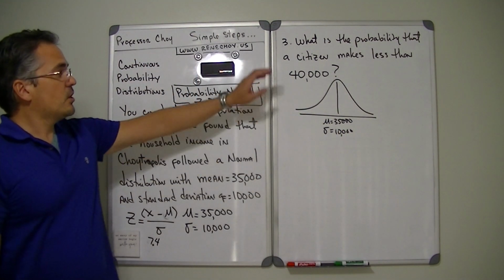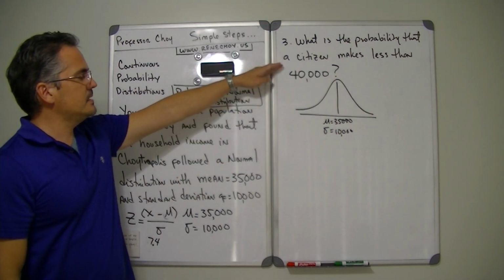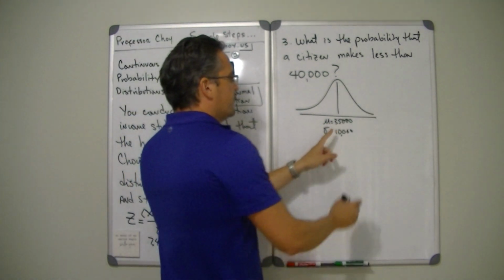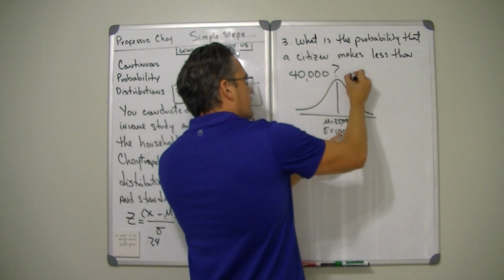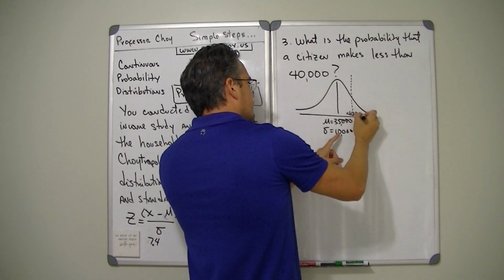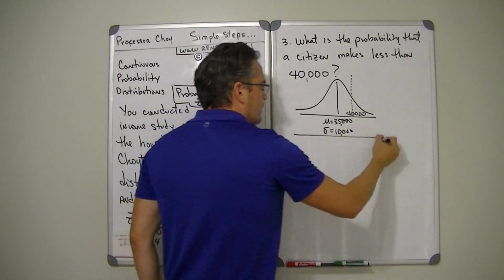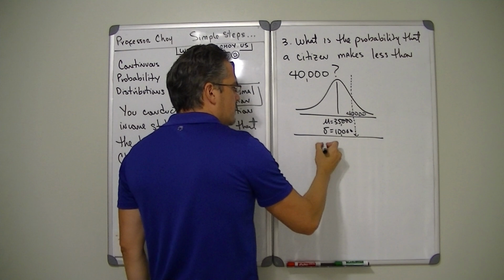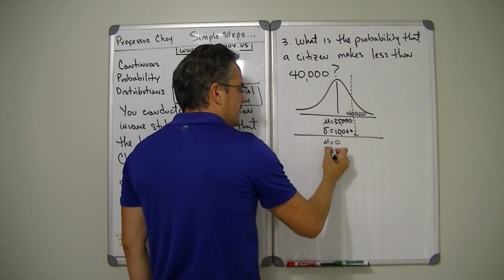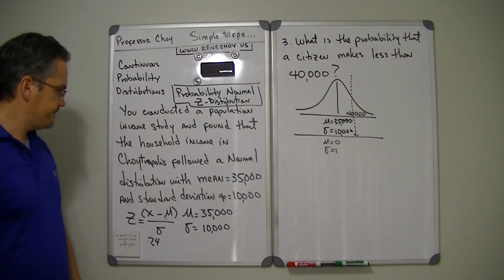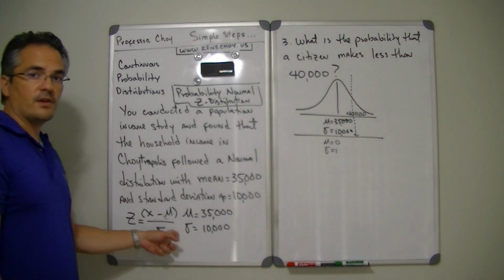All right, they're asking us for what's the probability that a citizen makes less than 40,000. 40,000 is to the right of 35,000. 40,000 is over here somewhere. That's 40,000. Okay? We're going to use this and standardize it. So mu becomes 0, sigma becomes 1, and I got to find the z-value for that 40,000.